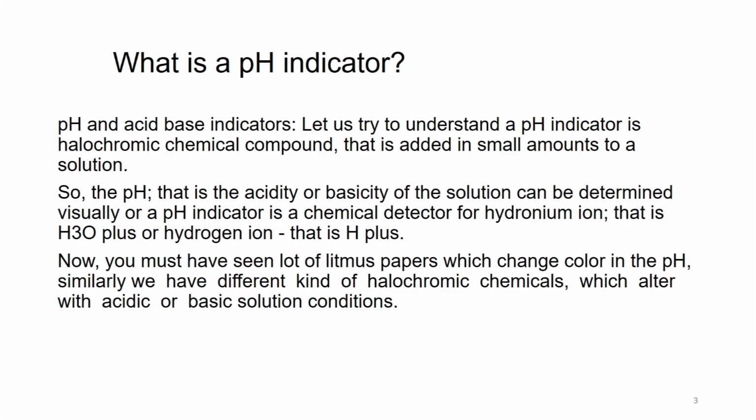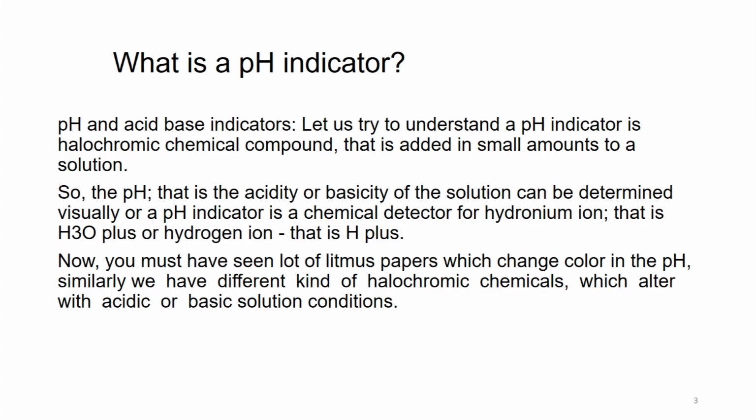So, the pH, that is the acidity or basicity of a solution, can be determined usually. A pH indicator is a chemical detector for hydronium ion, that is H3O+, or hydrogen ion, that is H+.